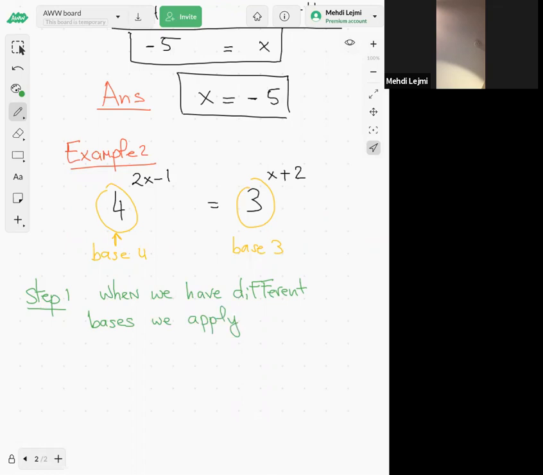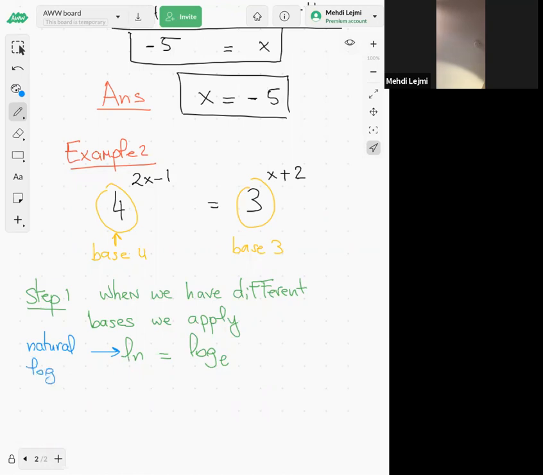Let me just remind you, natural log is the log in base e. We talk about this special number e, which is 2.71, etc. And this log in base e is called natural log, written ln.